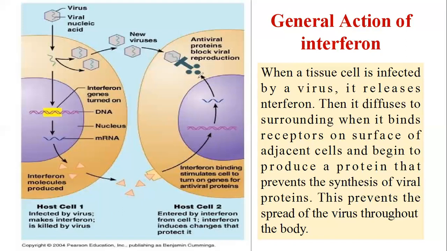This molecule will protect the cell from infection by the virus particle. Here you can see the virus is again entering this new cell, but this cell has some molecules, these black round-shaped molecules. They are preventing or blocking virus reproduction here. In this way, they can prevent the spread of virus throughout the body.